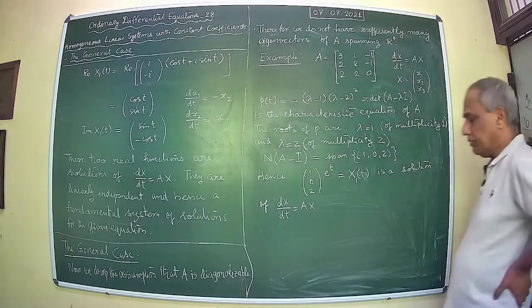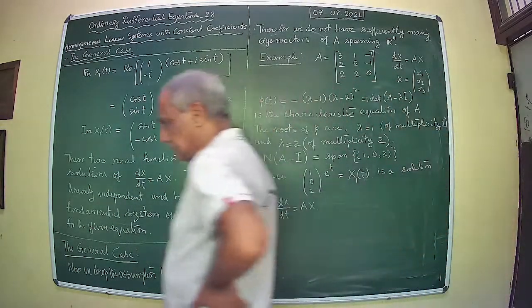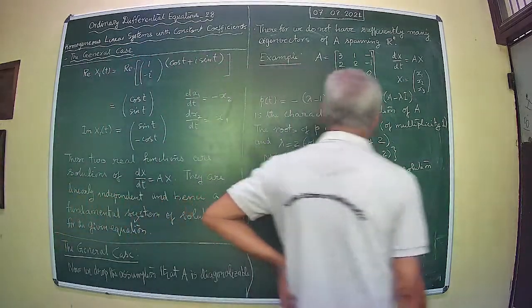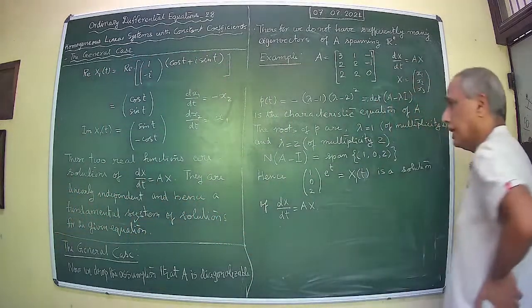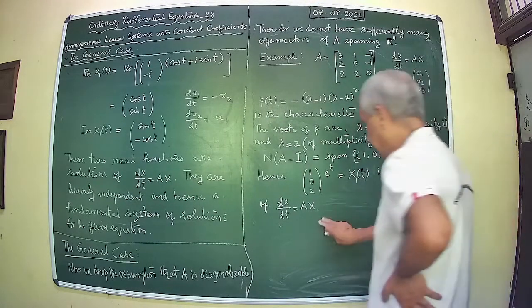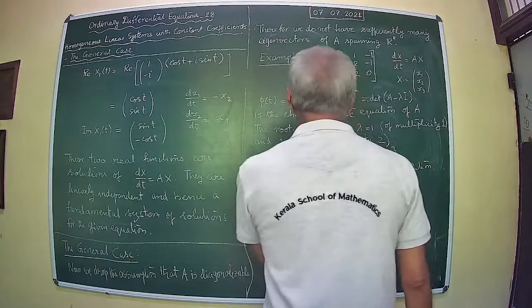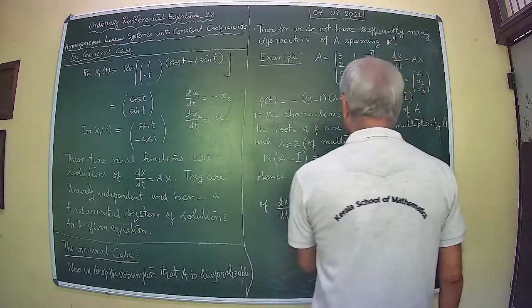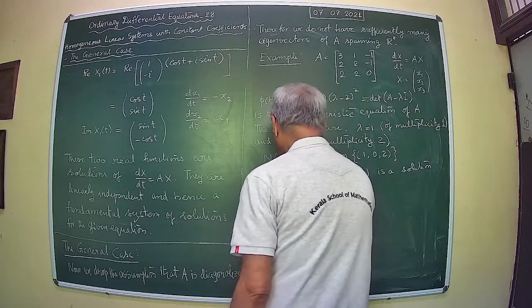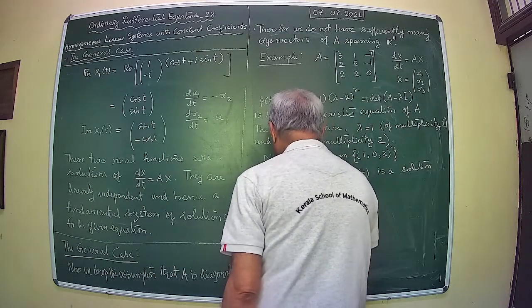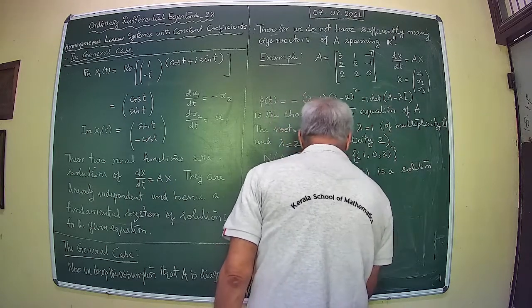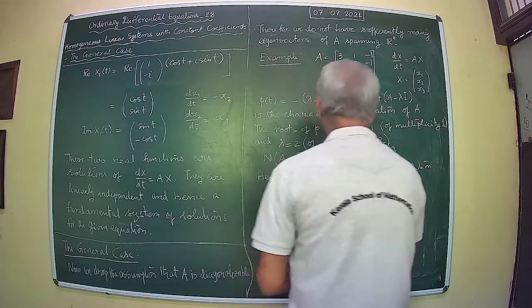Now we want to get in fact 3 such vector functions. Let us start working with 2. We hope we will get 2 such linearly independent vectors. Now let us see what happens. You see that A minus 2I, easily compute, what is this?